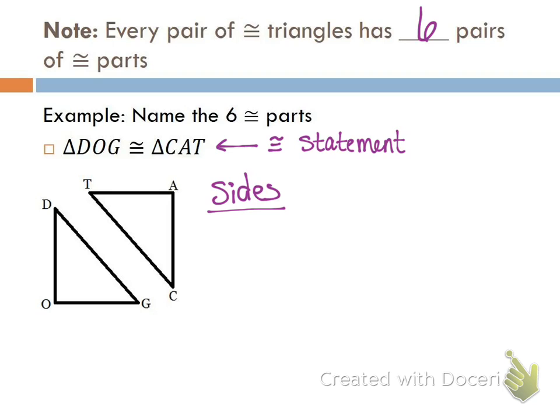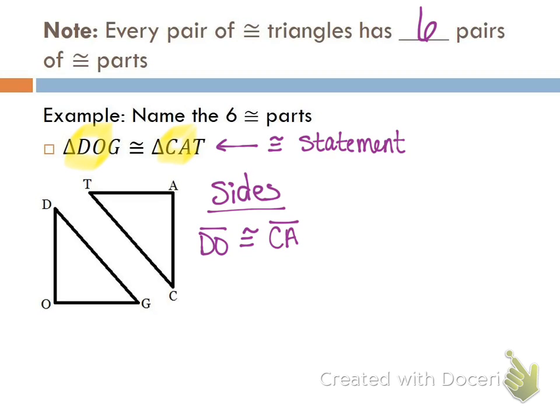So if we are going to start off with our congruent sides, notice that DO comes first. So side DO or segment DO is going to be congruent to, good, CA. They have to match them up. I don't really care if you call it CA or AC.